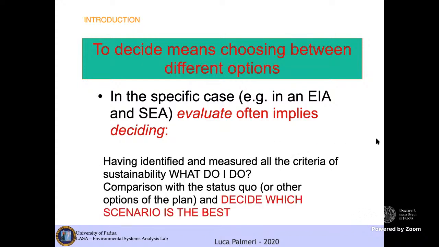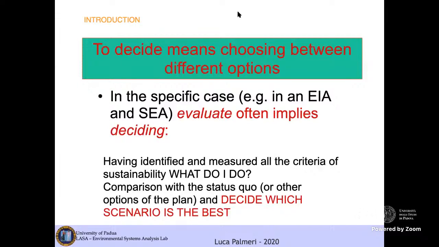So, in particular, having identified and measured all the criteria of sustainability, what then do I do? If the scope is that of being sustainable or environmentally friendly, what shall I do? The idea is that of comparing with the status quo or other options of the plan and deciding which scenario is the best.